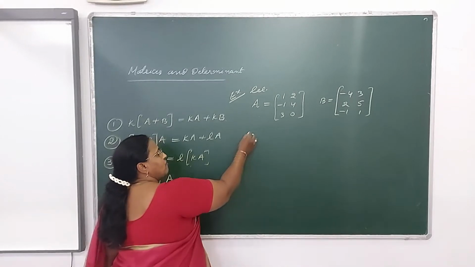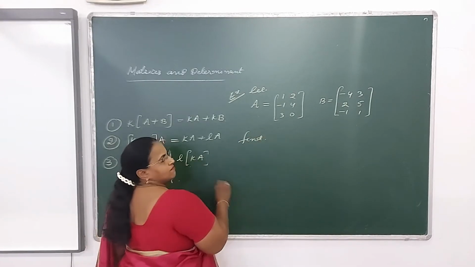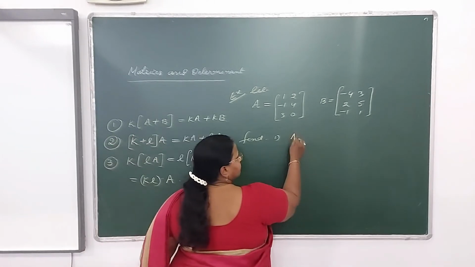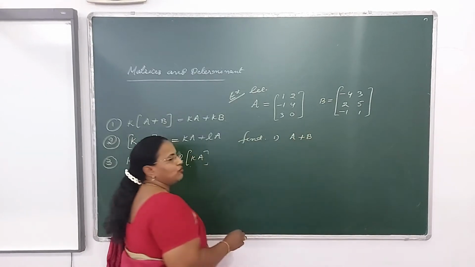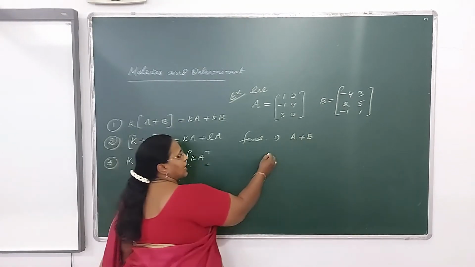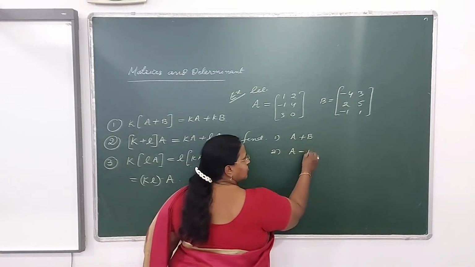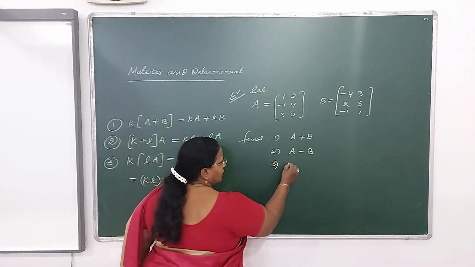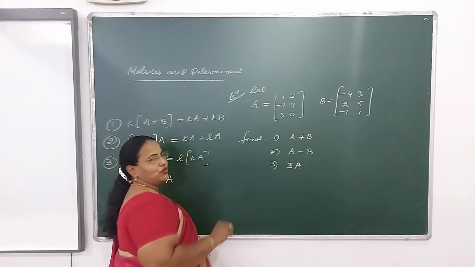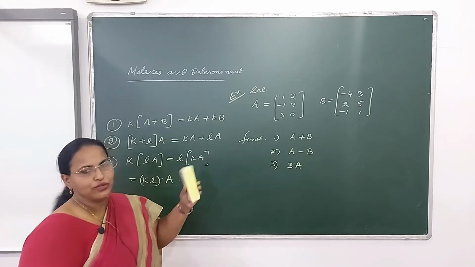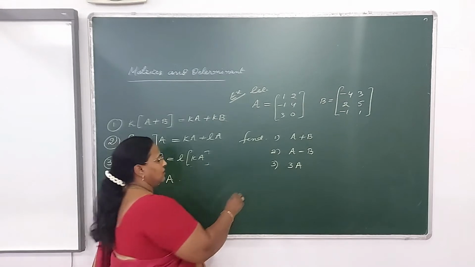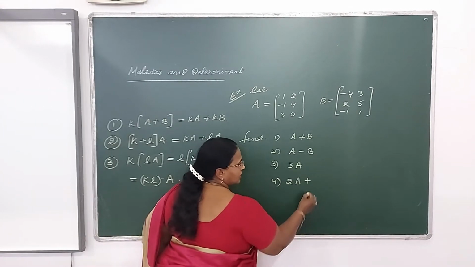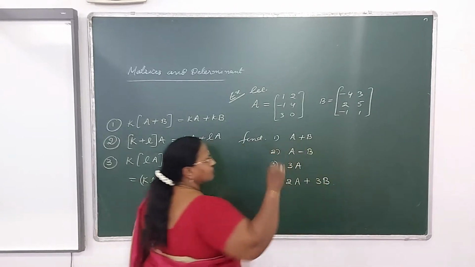The question is to find, the first one, A plus B. Now you very well know how to add two matrices. Second, A minus B, this also you can do. Third, 3 times A, this also you know. Just now I have given the example. The fourth one, 2 times A plus 3 times B.